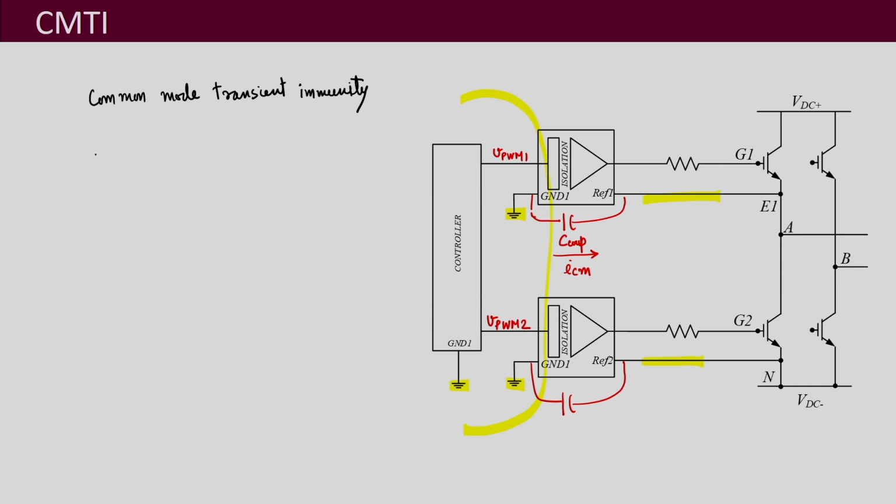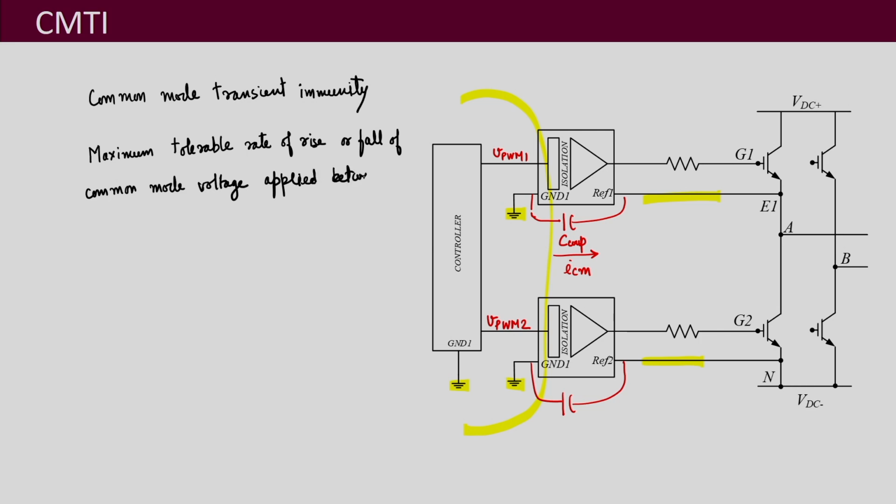And the way we define common mode transient immunity is the maximum tolerable rate of rise or fall of common mode voltage applied between two isolated circuits.